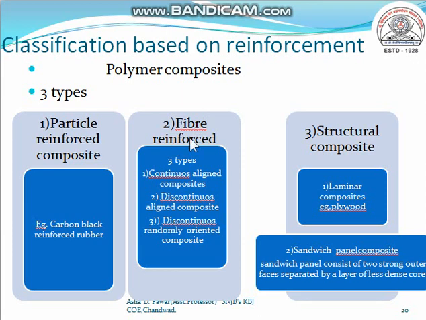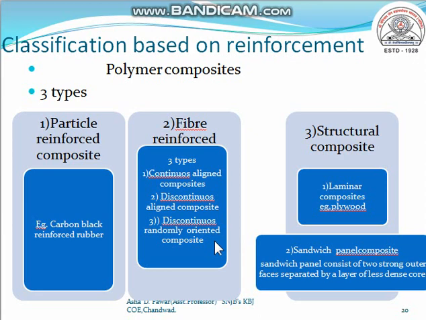The second type is fiber reinforced composite, and again fiber reinforced composite has three types: continuous aligned composite, discontinuous aligned composite, and discontinuous randomly oriented composite.